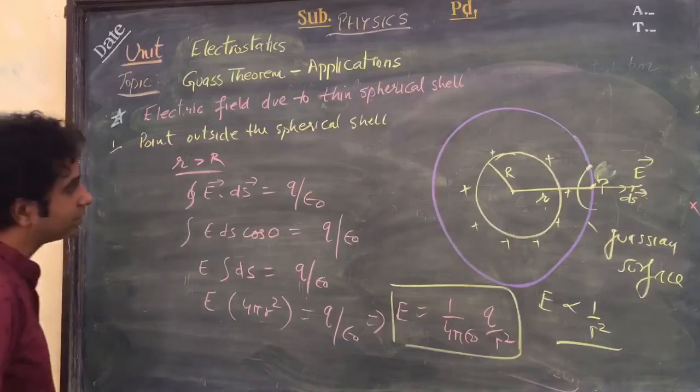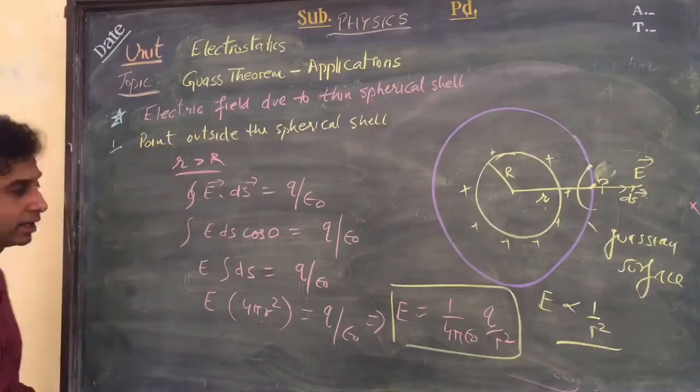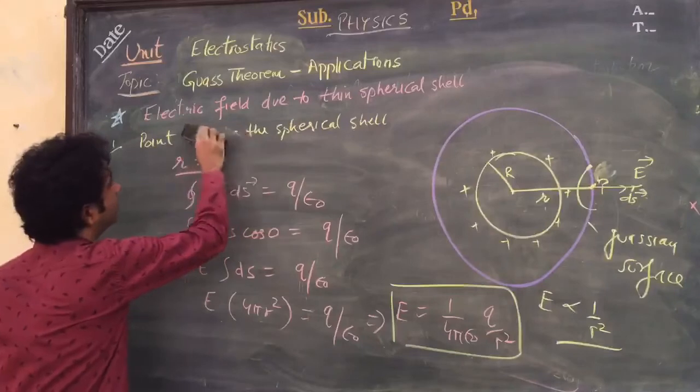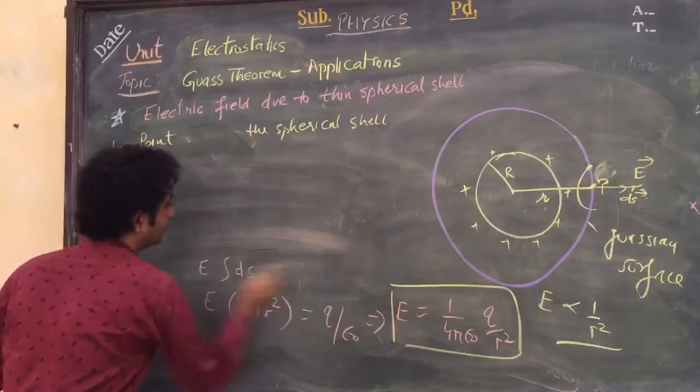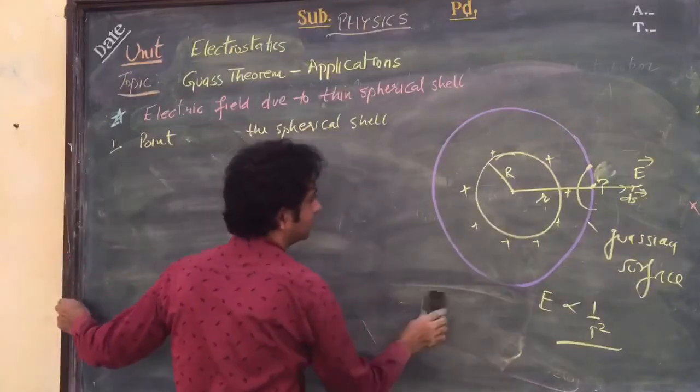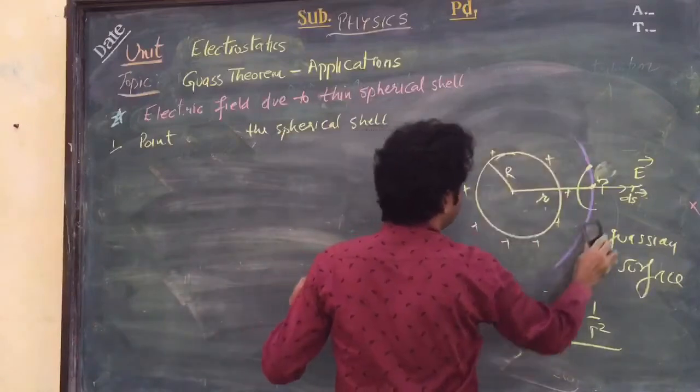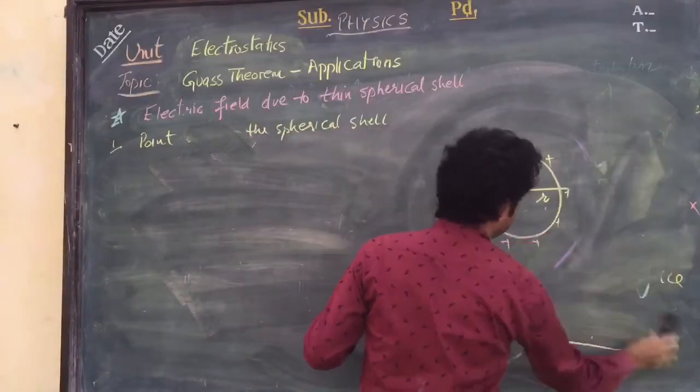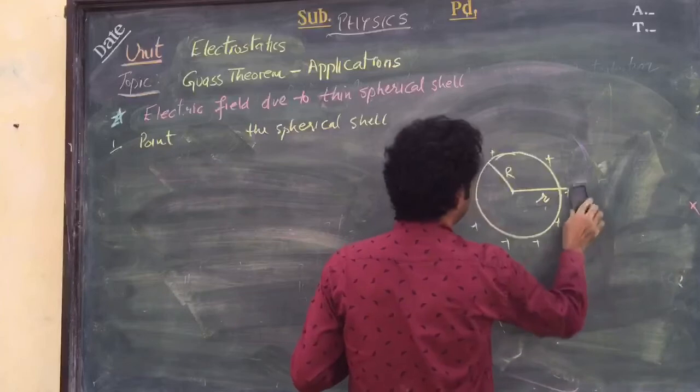Now, the second case I will take as a point on the surface of the shell. So this point comes out on the surface itself.